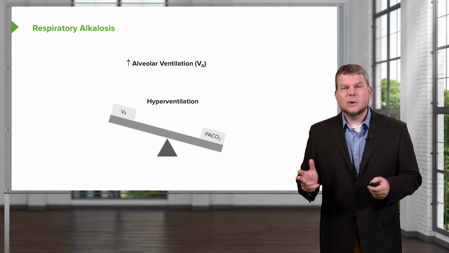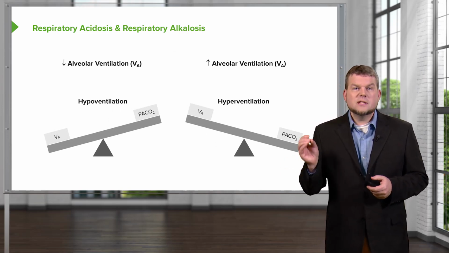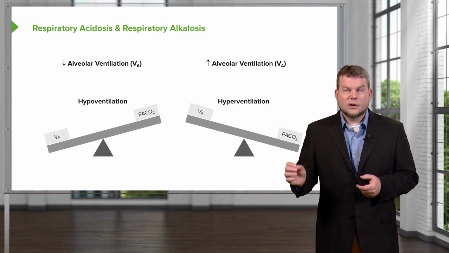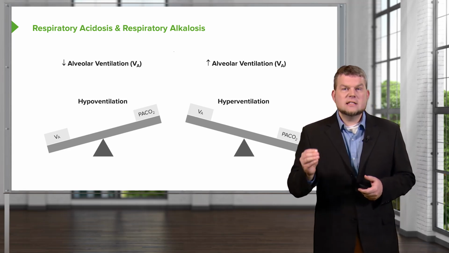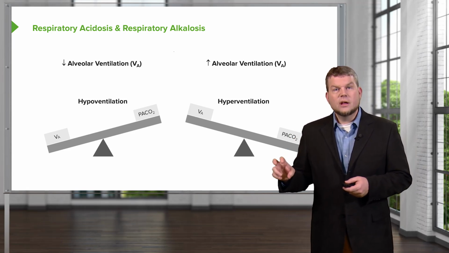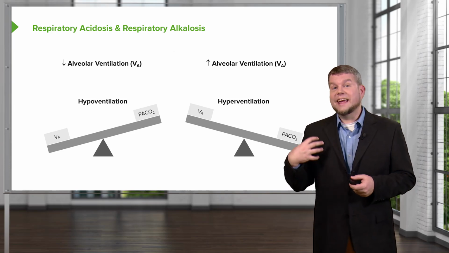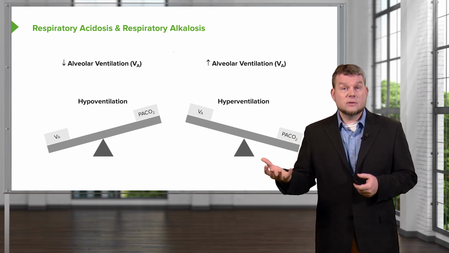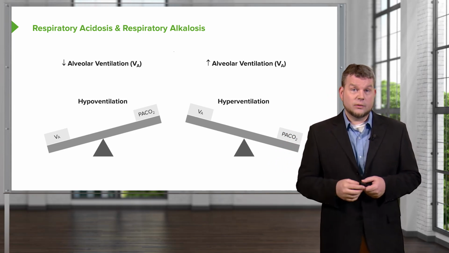Why is this so handy? Because if you measure someone's PaCO2 with an arterial blood gas, you automatically know what their ventilation status is. If you measured a low PaCO2, you know that their alveolar ventilation rate was high. If you measured a high small a PCO2, you always know that their alveolar ventilation rate was too low.